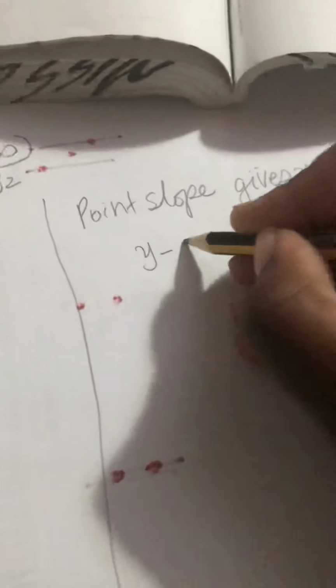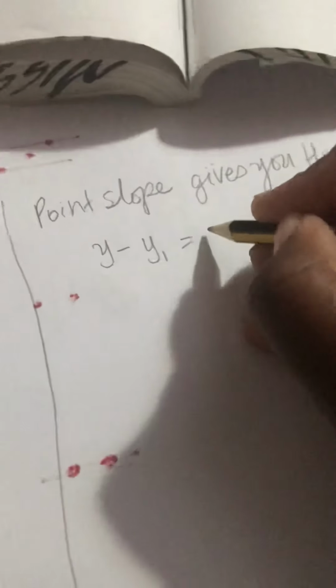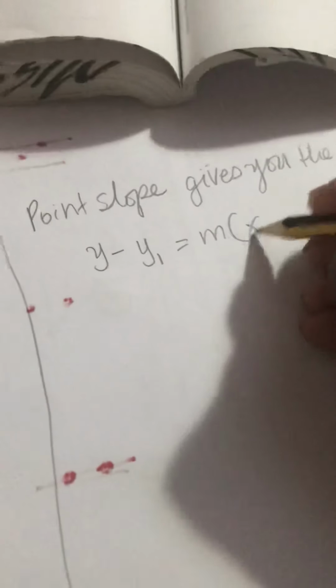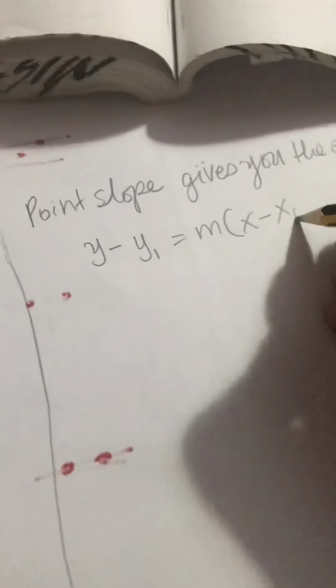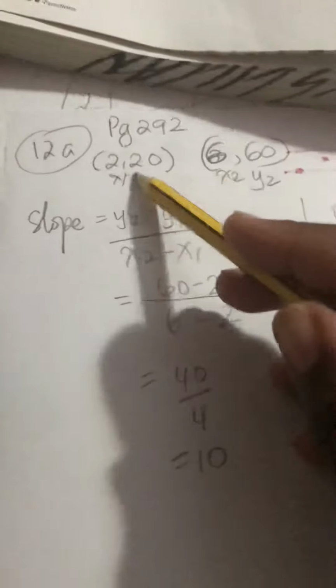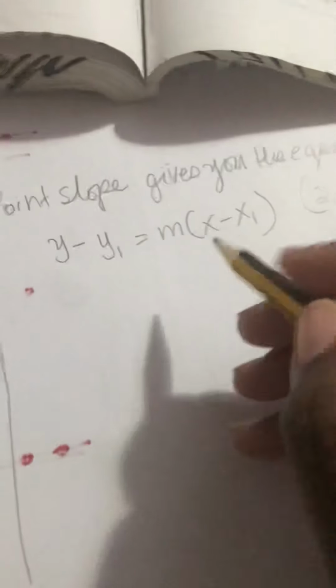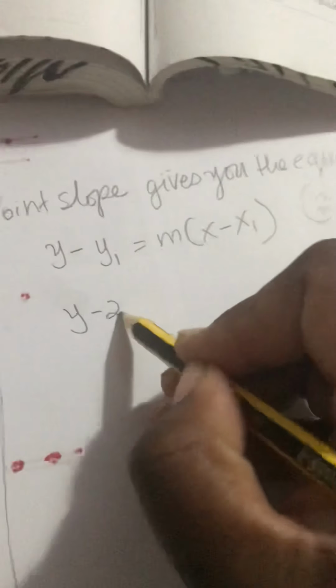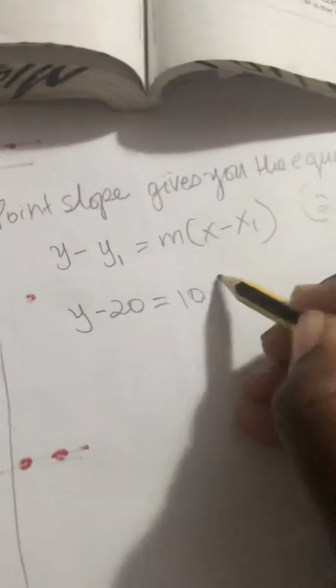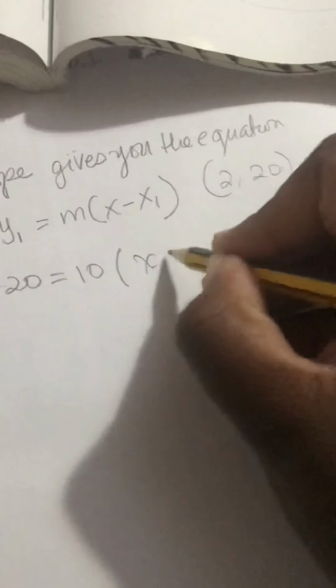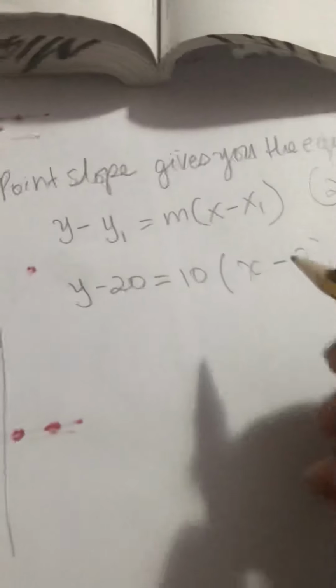Okay? So y minus y1 equals m times x minus x1. And what point? It doesn't matter. I'm going to do (2, 20). Okay? So y minus 20 equals 10, that's my slope, times x minus 2.